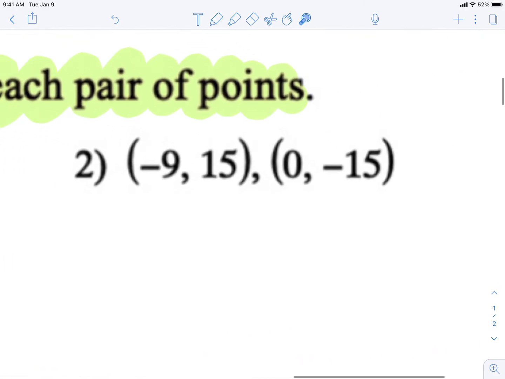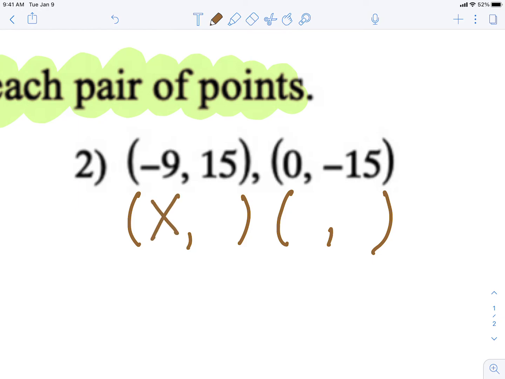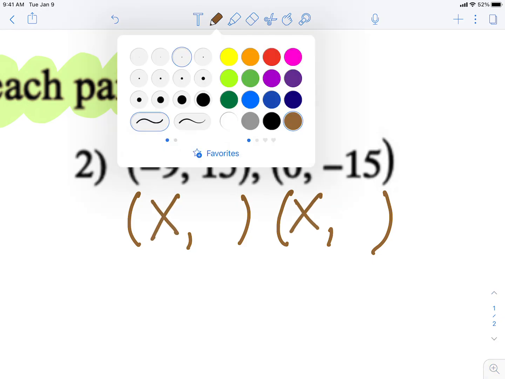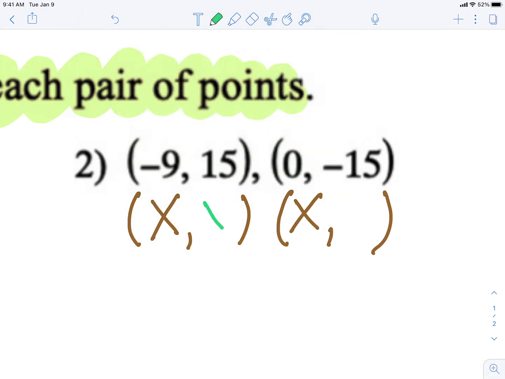Again, very first thing that I do is I'm going to draw my parentheses, right? And I'm going to identify my x's first, which are x and x. Next, I'm going to identify my y's, which are y and y, right?